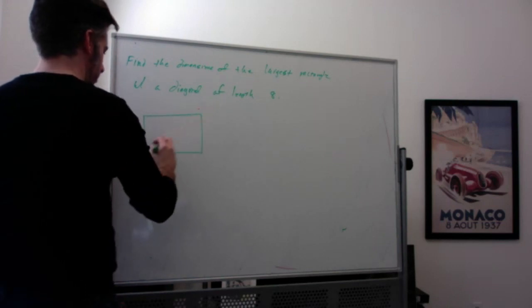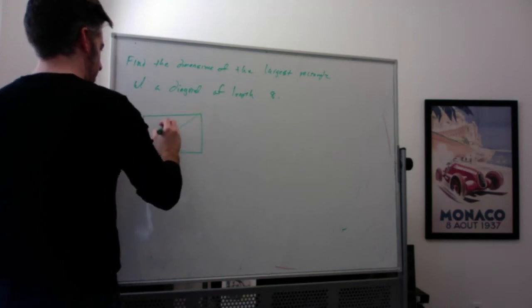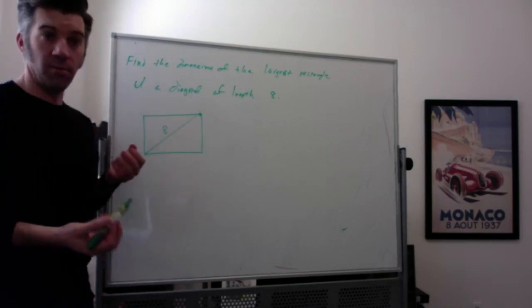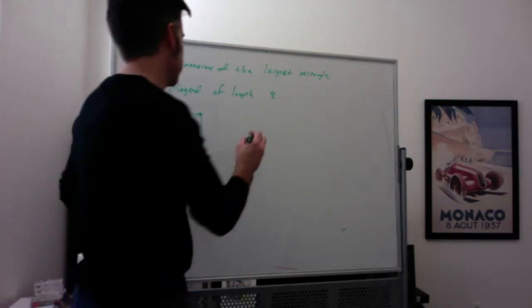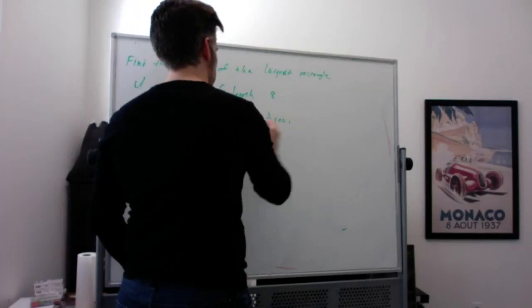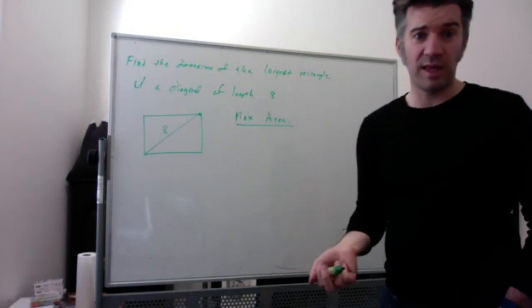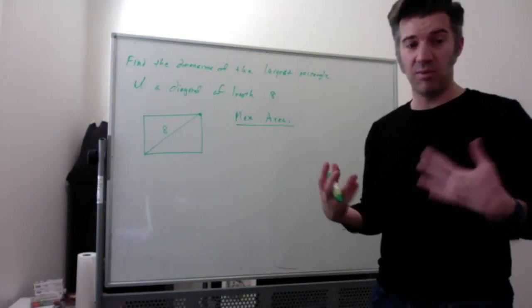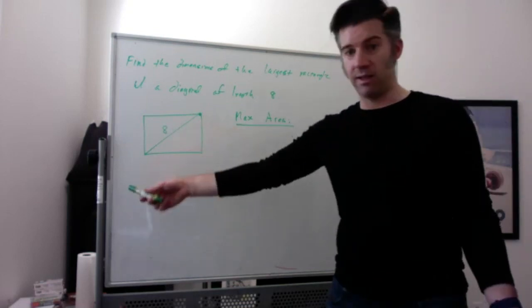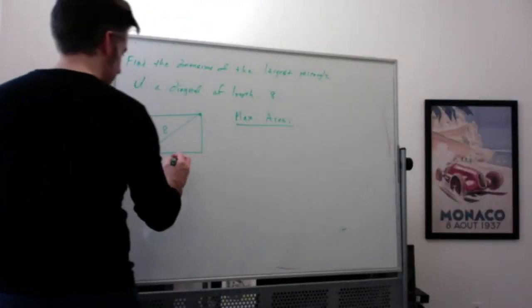There's my rectangle. So the length of the diagonal is 8, and I'm trying to maximize the area. So I need an equation for the area, which means I need to label the sides. I don't know any side lengths, so all I know is the diagonal length. So I'm going to call this side x.